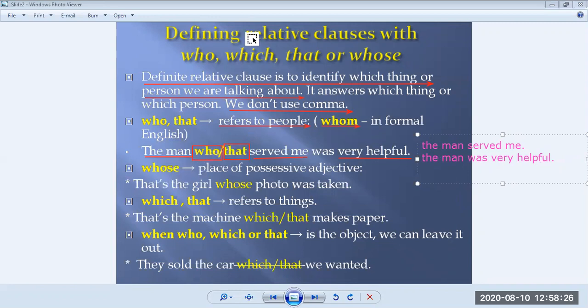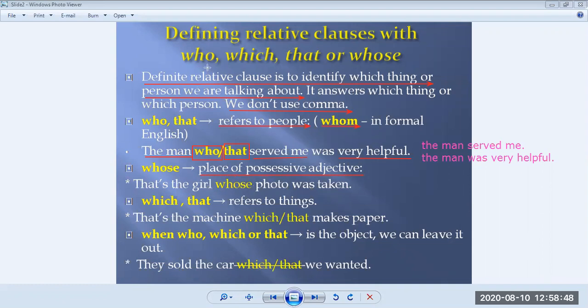So next one is whose. Whose is in place of a possessive adjective, like mine, yours, theirs, our, you know. So that is the girl whose photo was taken.